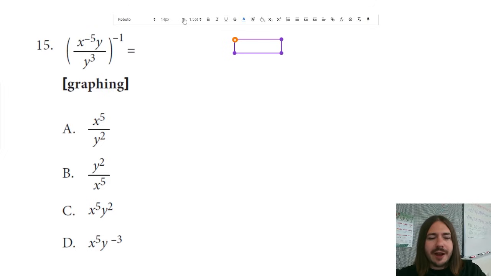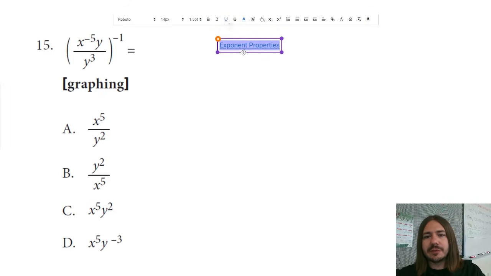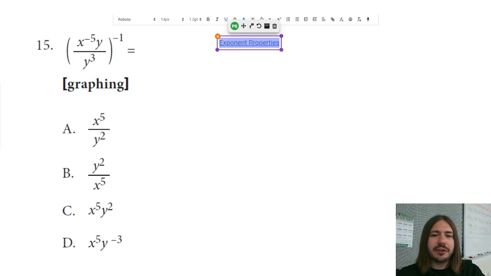But if you're not familiar with these, you definitely want to go back and review your exponent properties. There's quite a few of them, so it might be worth going back and looking at those. I would go into YouTube and type exponent properties explanation or anything like that, and you should come up with a pretty good video that goes over each of the exponent properties.